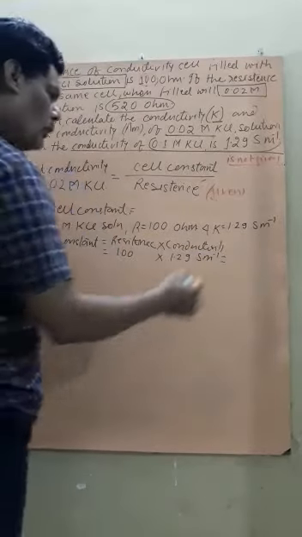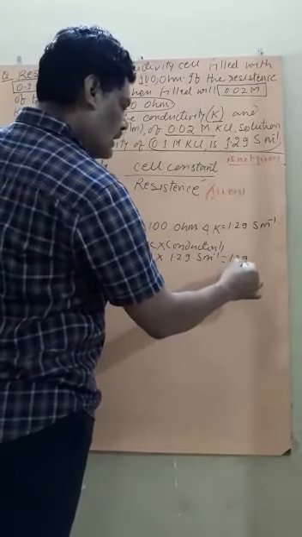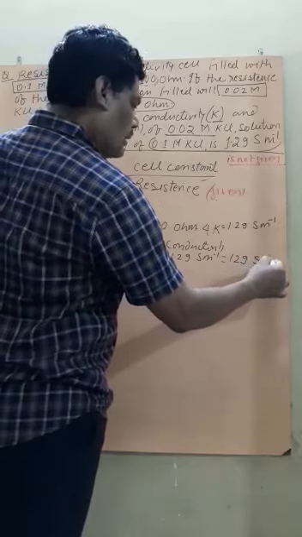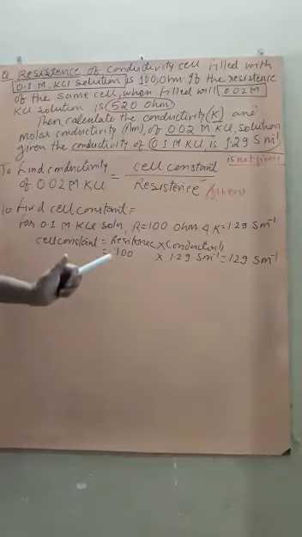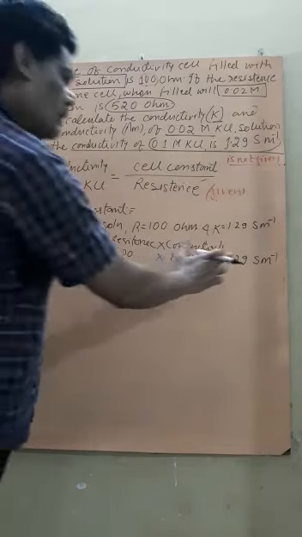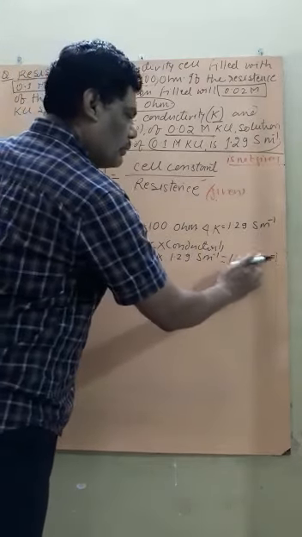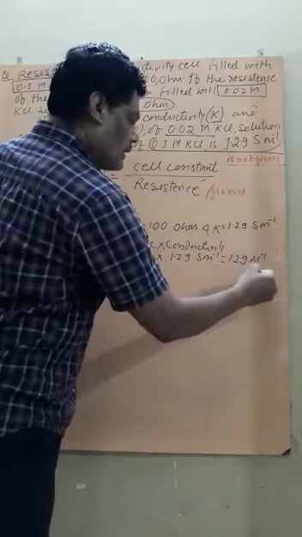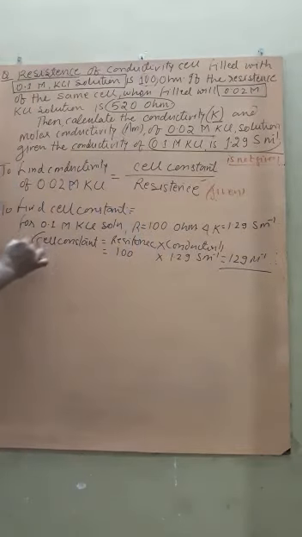So it is equal to 129 Siemens per meter. This becomes simply per meter. This becomes your cell constant.